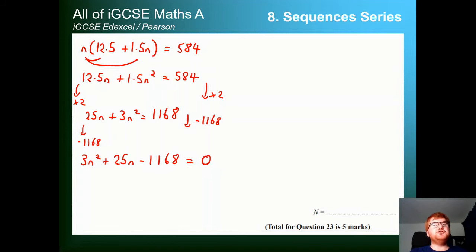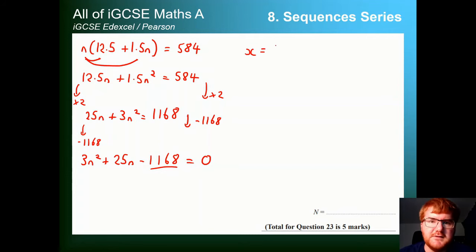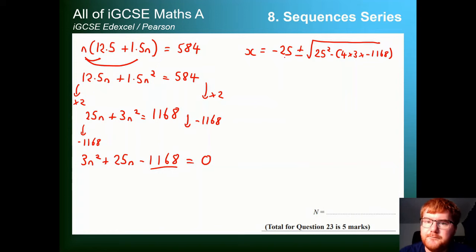And again, we have our choices of method here, whether we want to try and factorize and give it a go. I think here, with this very big number of 1,168, I am much more inclined to use the quadratic formula. So we have x is equal to minus b plus minus the square root of 25 squared minus 4 times 3 times minus 1,168, all over 2a, so that's equal to 6.